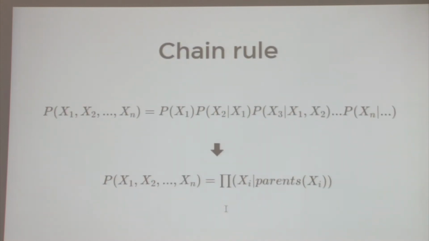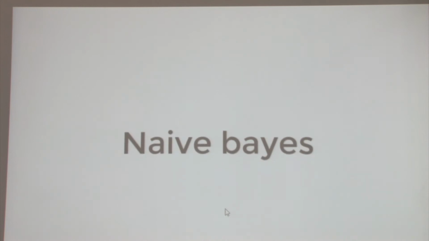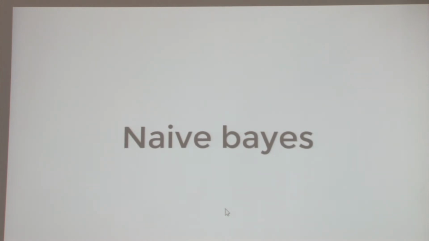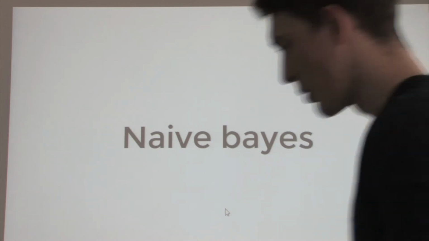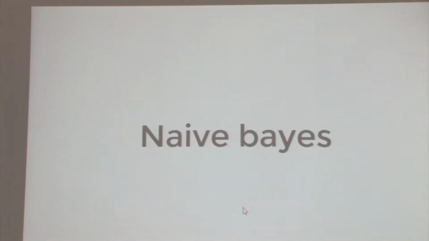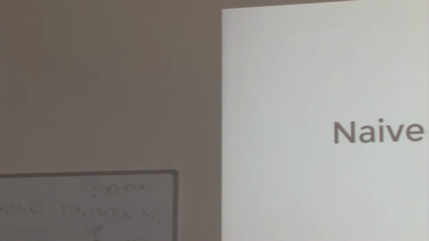And now that I've shown you this, what do you think a naive Bayes would look like? Naive Bayes is one subclass of Bayesian network. You can express a naive Bayes with Bayesian networks.